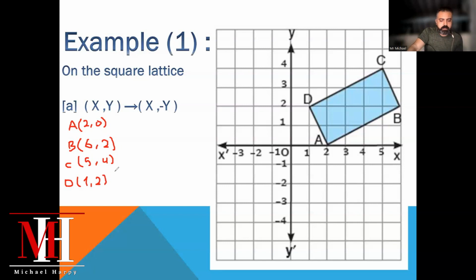This point should be transformed to A dash, which will be 2 and 0. Point B should be transformed to B dash, which will be 6 and -2.